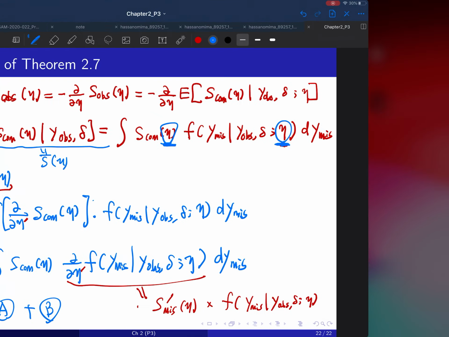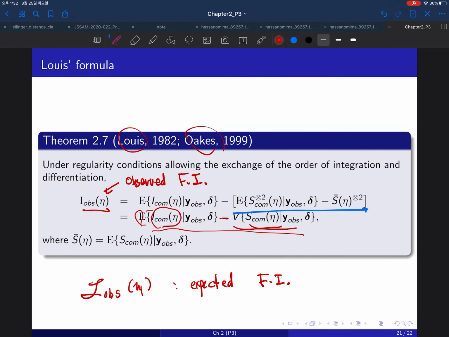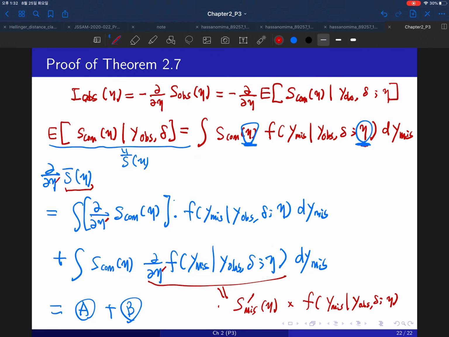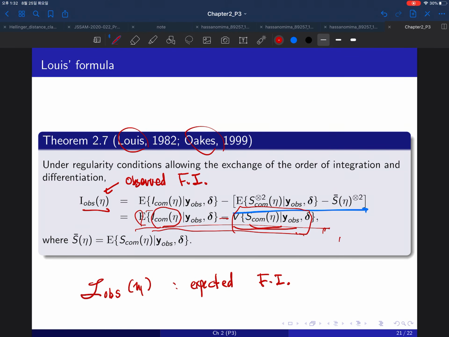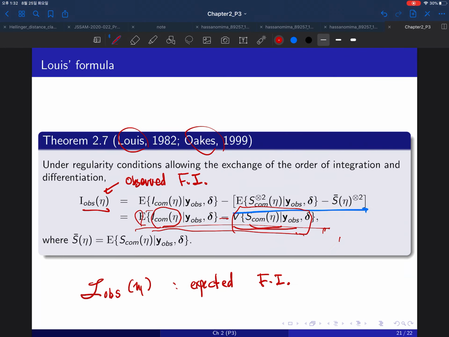The second formula is this, which is actually doing a conditional variance. Okay, so that makes this part. Because we start with taking minus here, so you end up getting this result. So that finishes the proof of this theorem, the Louis theorem.